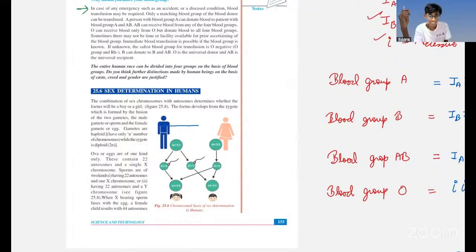Sir, my mother is blood group B plus. Me and my brother are both B positive, and only my father is O positive. So that's why you got B, no? Because your mother might have IB O, IB i or IB IB, and father, because O, it's ii. Got my point?